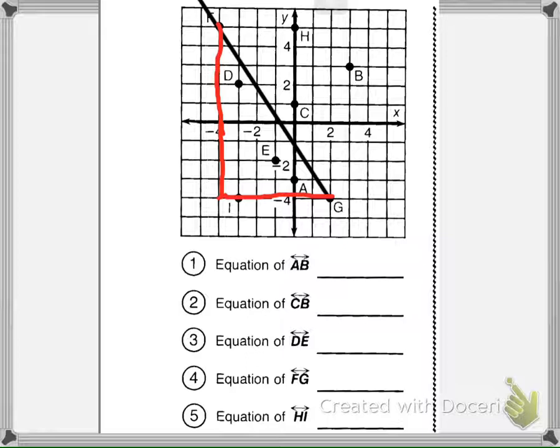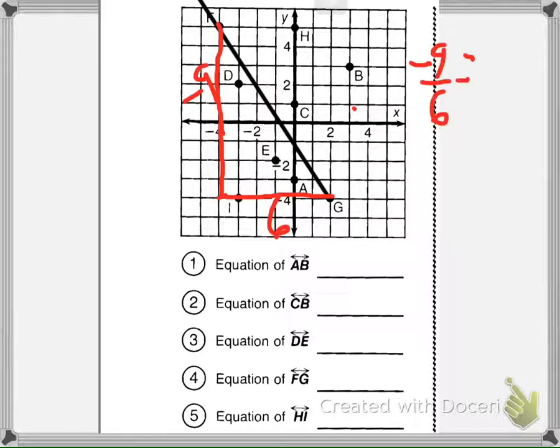Counting here, it looks like I have 1, 2, 3, 4, 5, 6, 7, 8, 9. That's negative 9 because from left to right this line is falling down. And over here I have 1, 2, 3, 4, 5, 6. And rise over run.